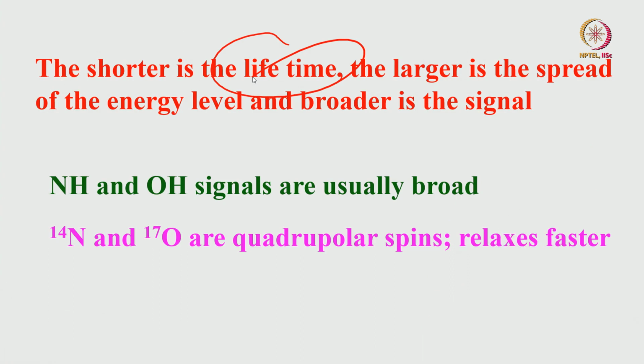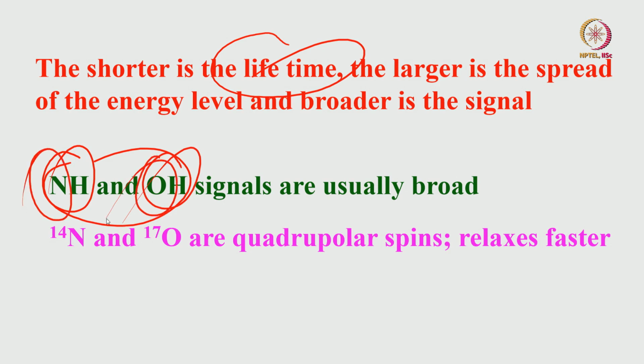That is why, if you want to see NH and OH peaks in your molecule, if I take a proton NMR spectrum and look at the NH and OH peaks, they are usually broad because nitrogen-14 and oxygen are all quadrupolar spins.